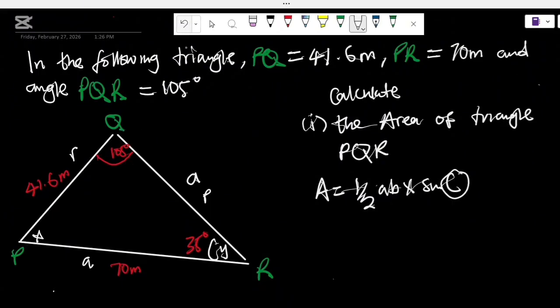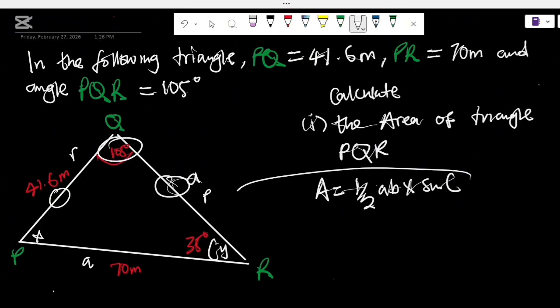But notice that we don't have this side here. Since we don't have this side, it might be difficult for us to find this area because we only have this side and not this side. Because remember, we have to use the sides that make up this angle to actually find the area of this triangle. So for us to find the area of the triangle, we first need to find this particular side.